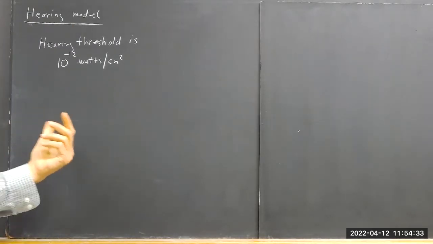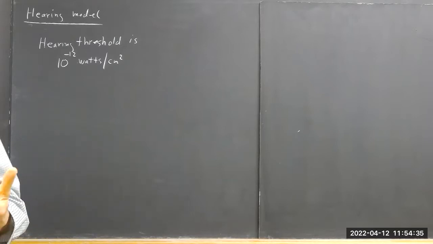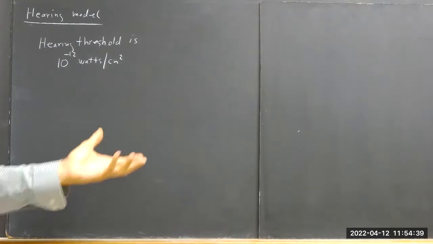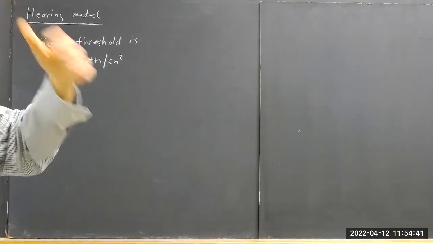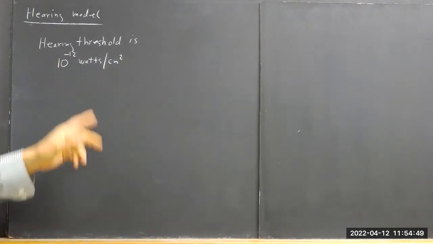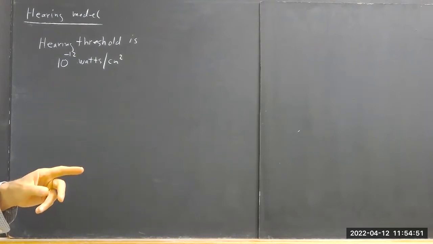Your hearing deteriorates from birth, basically, because sound wears on your hearing mechanism, damages the little hairs that vibrate. So, okay, this is just a little bit. A trillionth isn't much.